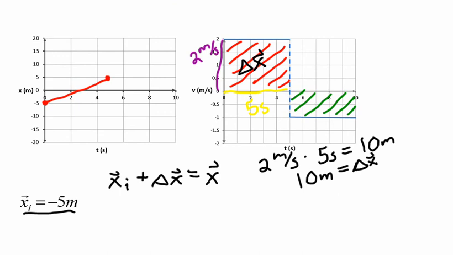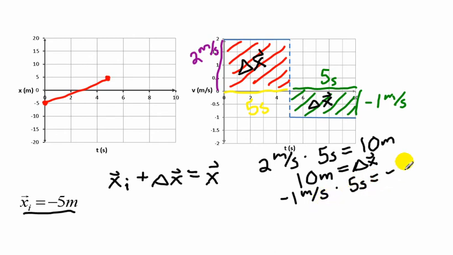Now if we move on to this next segment with the green portion, we can think about the same thing. This side here is now -1 meters per second, and this side here is 5 seconds. So again, we're going to get a displacement out of this. We can take -1 meters per second times 5 seconds, and that gives us -5 meters.